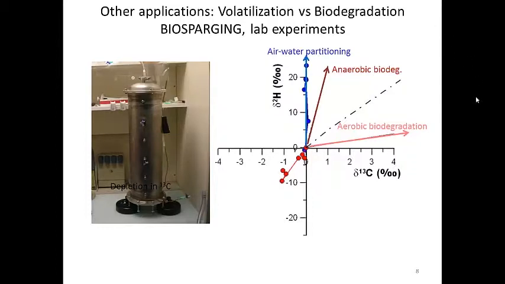On the other side, from NAPL vaporization, which means just stripping from the NAPL, we could see a depletion in both carbon and hydrogen. So these two behaviors, the blue one indicating the air-water partitioning and the red one indicating the NAPL vaporization, we can see that they're very unique, especially if they are compared to the range of biodegradation between aerobic and anaerobic.